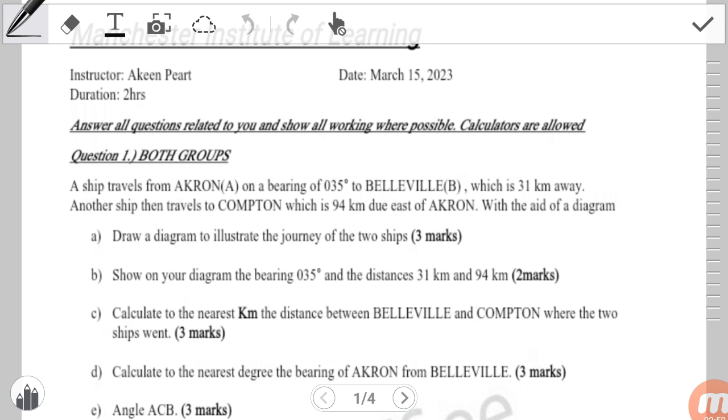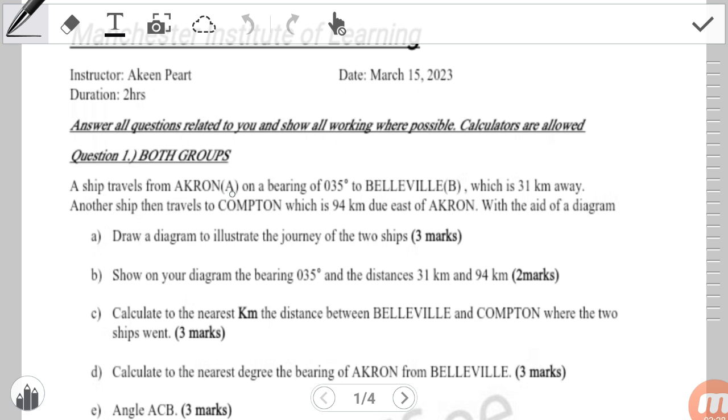Another ship then travels to Compton, which is 94 kilometers due east of Akron. With the aid of a diagram, our first task is to draw a diagram to illustrate the journey of the two ships. So we're going to go right ahead and attack that question. Let's hop onto a new page here.